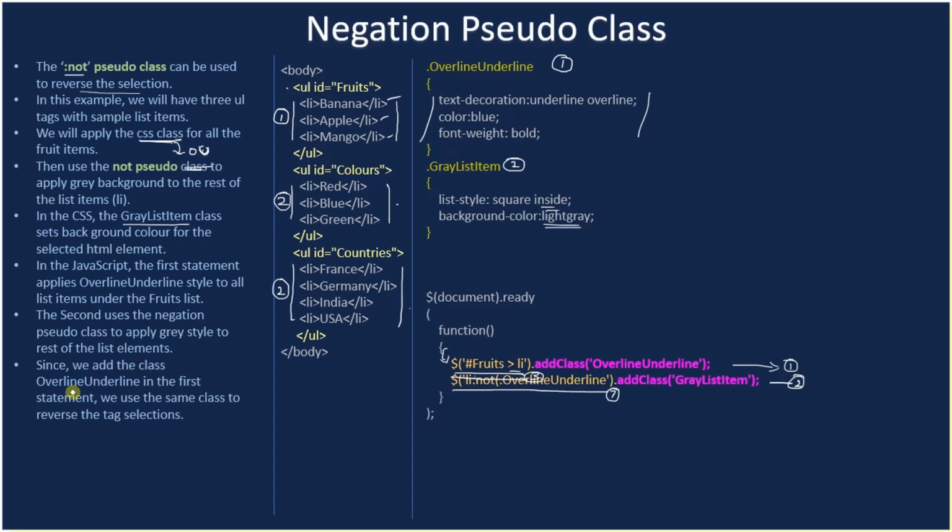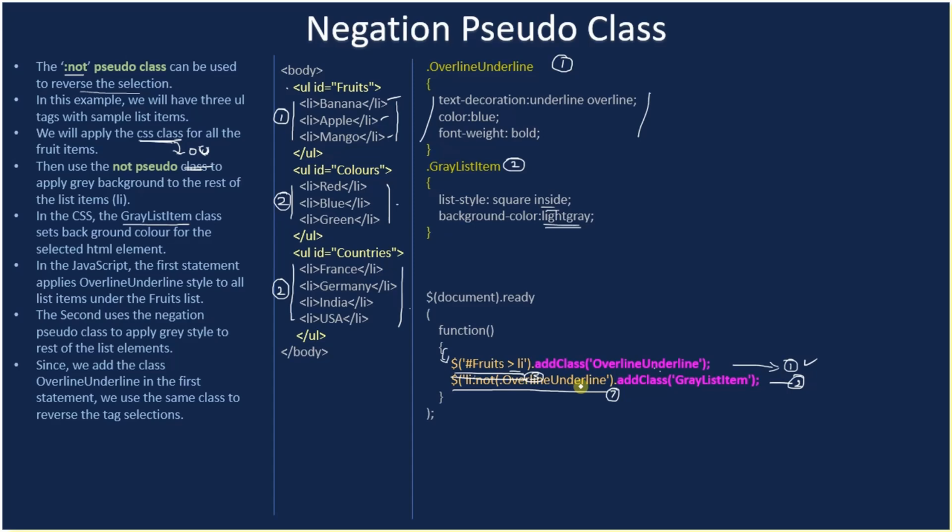Since we added the class overline, underline in the first statement, we use the same class to reverse the tag selection, right? Overline, underline. If you see now, this overline, underline class which we added in the previous line is now part of the jQuery parameter, right? To the jQuery object, we are passing what we added in the previous line.